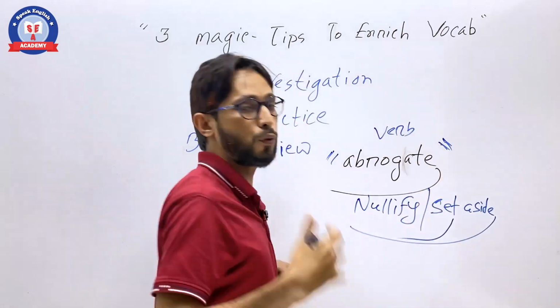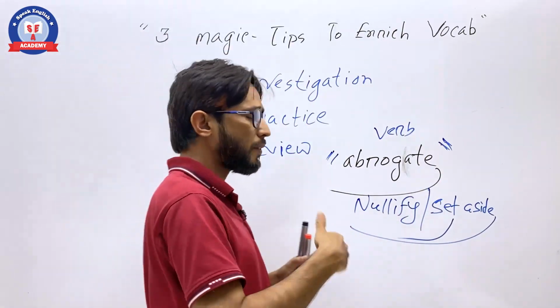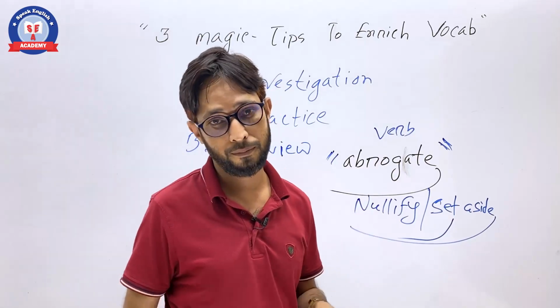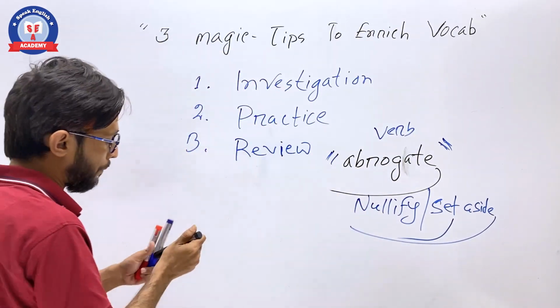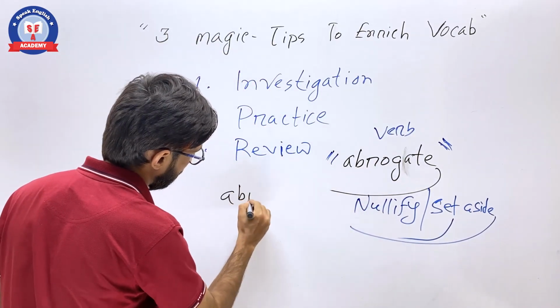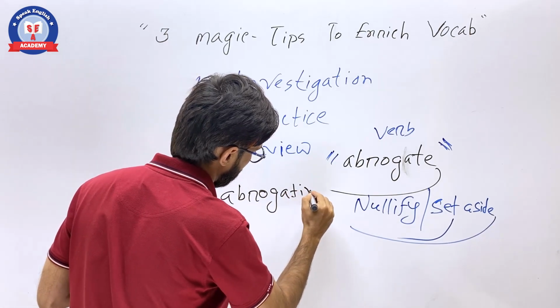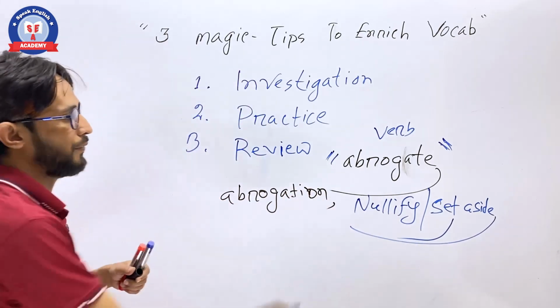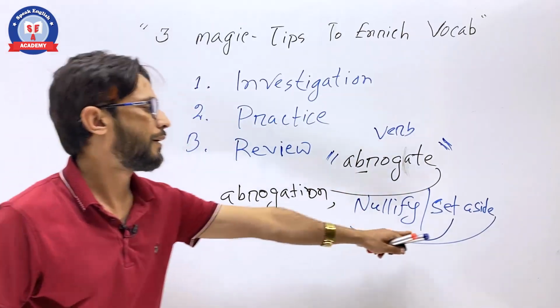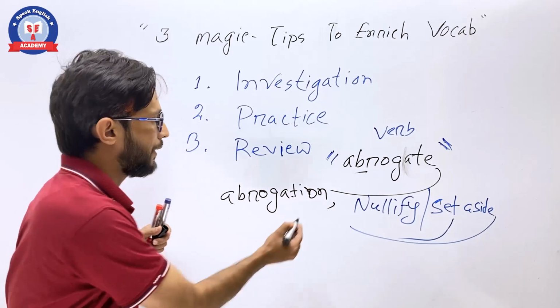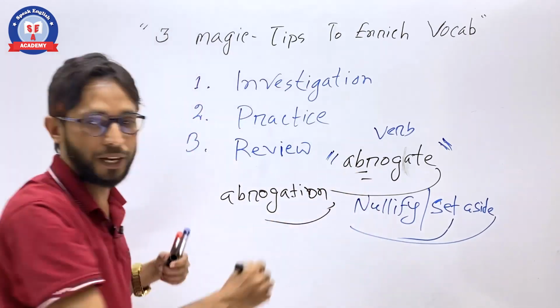Now we have to know what is the noun form of this word abrogate. The noun form of this word is abrogation. Abrogate means to nullify something or set aside, and the noun of this verb is abrogation.